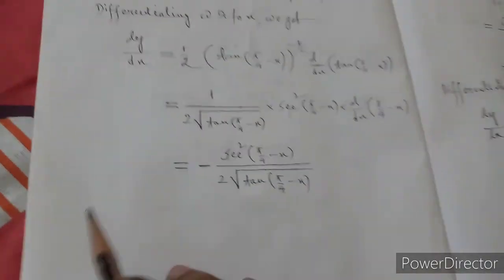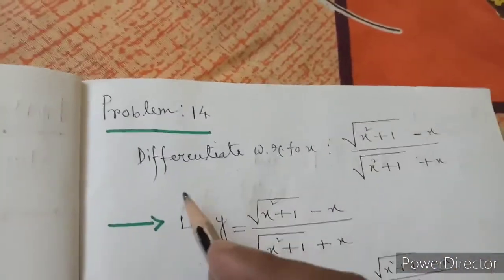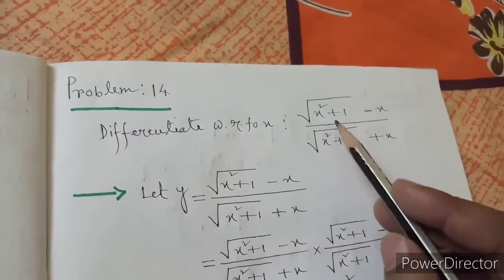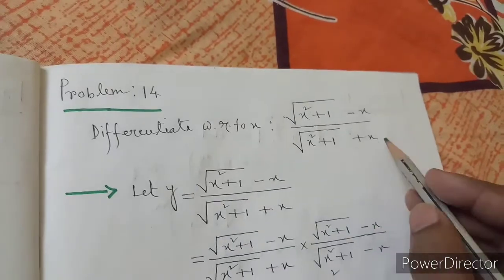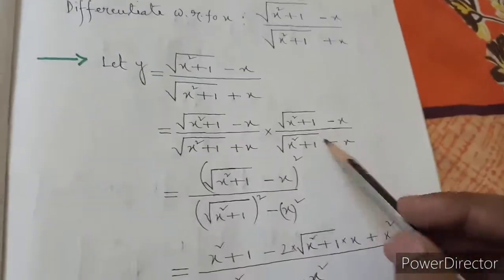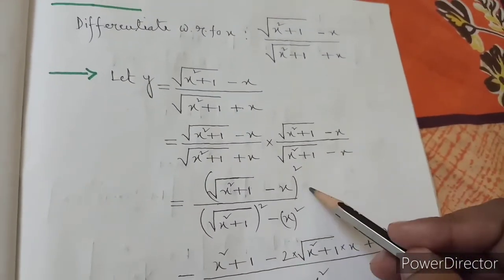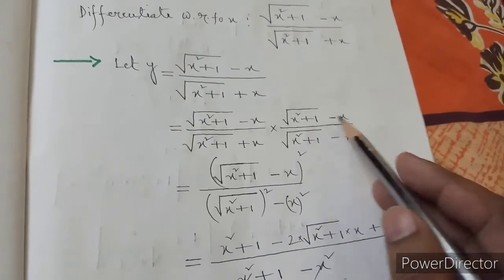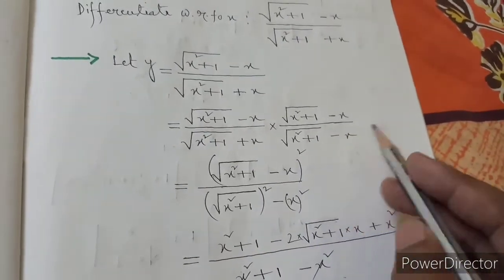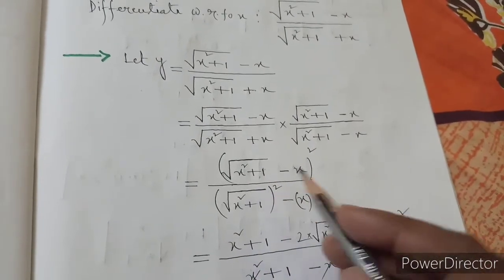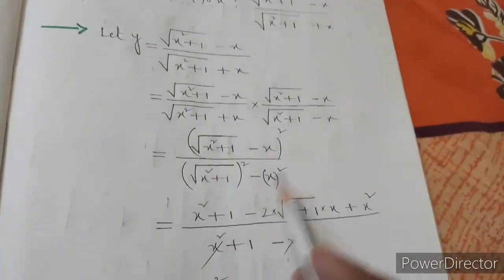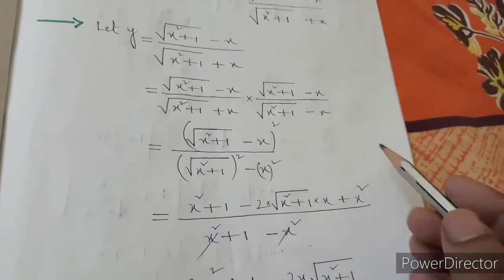Now the next problem, differentiate with respect to x, root under (x square plus 1) minus x by root under (x square plus 1) plus x. Now multiplying both numerator and denominator by root under (x square plus 1) minus x. So this should be (root under (x square plus 1) minus x) whole square, and in the denominator a plus b, a minus b, formula a square minus b square.